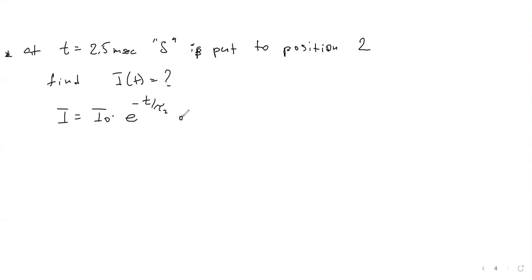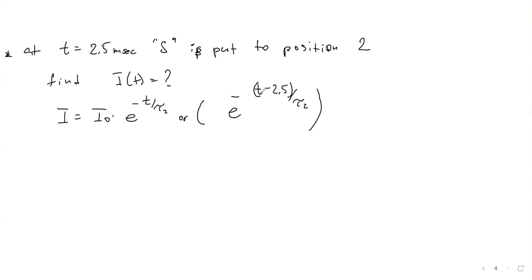Or maybe I should say something like this. This is a different time. This is the time at the moment when you start discharging. If you want time from the very beginning, then you should put t minus 2.5 milliseconds to be more accurate.